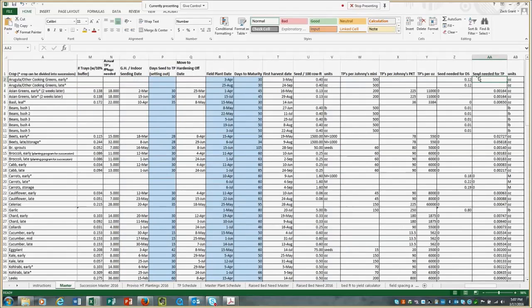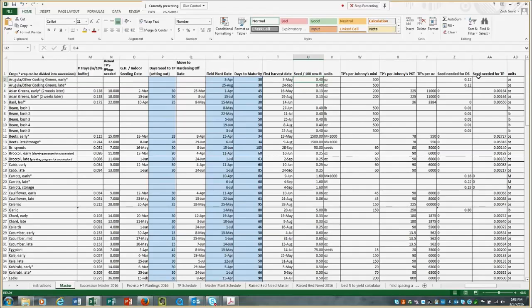I didn't highlight these in blue. That still doesn't mean that you couldn't adjust them. So, for instance, I like to use Johnny's Selected Seeds for a lot of the seeds that I order. I'm not endorsing them by any means. You could use whoever you want, but one of the reasons why I like to use Johnny's is because in their catalog they actually have a bunch of what they call cultural information.